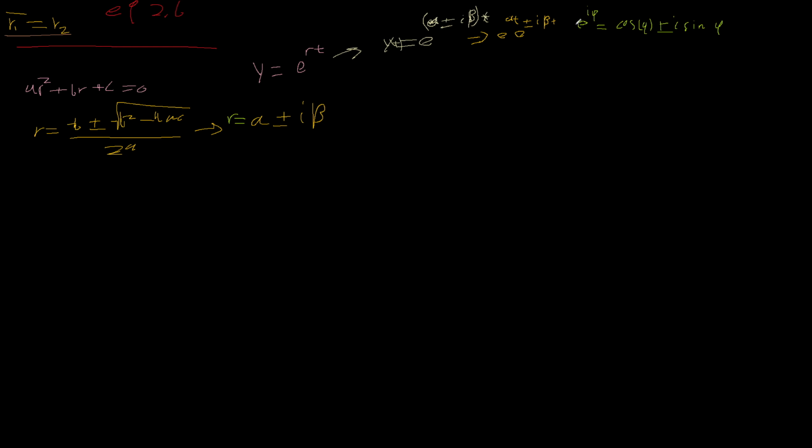So we can use Euler's identity here. e to the i theta is cosine theta plus or minus i sine theta. And using that we can rewrite this equation for y. So y is equal to e to the alpha t times cosine beta t plus or minus i sine beta t.